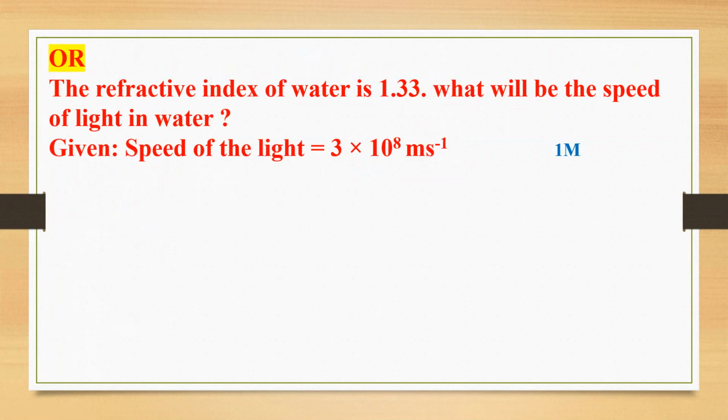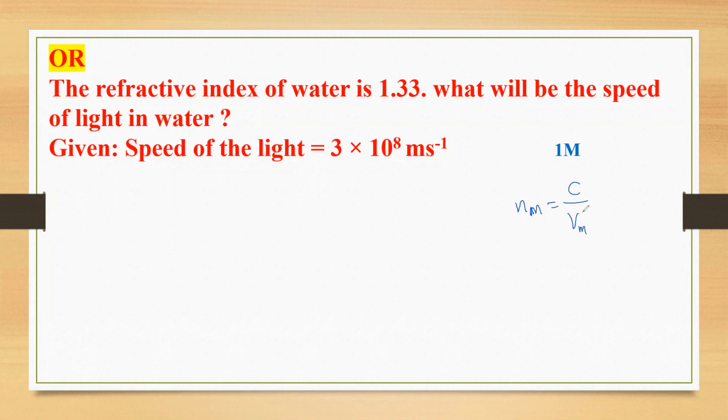This is the internal choice for that previous question. The refractive index of water is 1.33. What will be the speed of light in water? The given value is the speed of light in vacuum. We know that refractive index of any medium is equal to speed of light in vacuum by speed of light in medium.